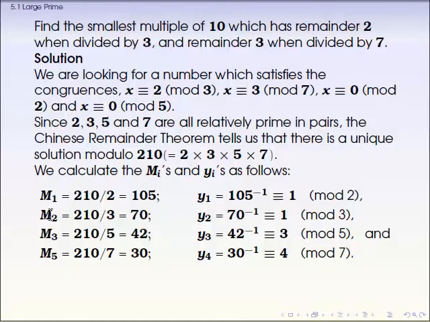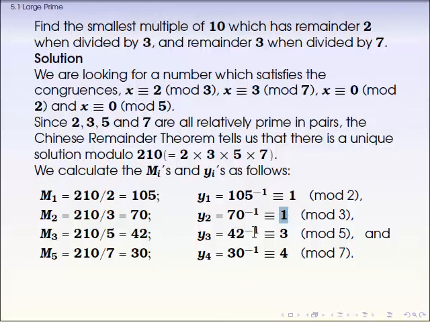Okay, and for y2, we are looking for the inverse of 70 modulo 3, and if you divide 70 by 3, 69, it remains 1 again, so it's congruent to 1 because 1 is the inverse of itself.